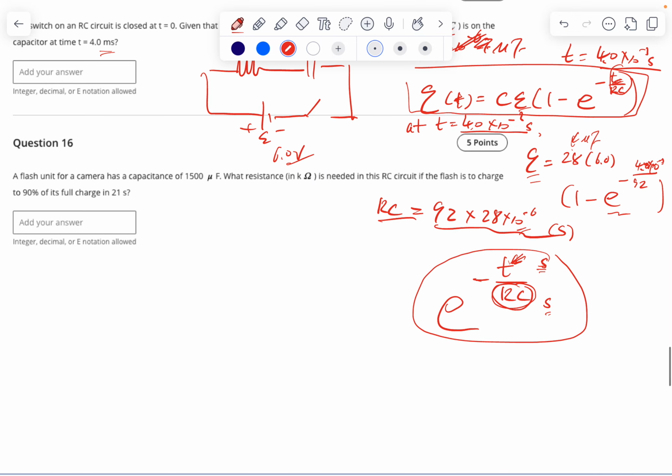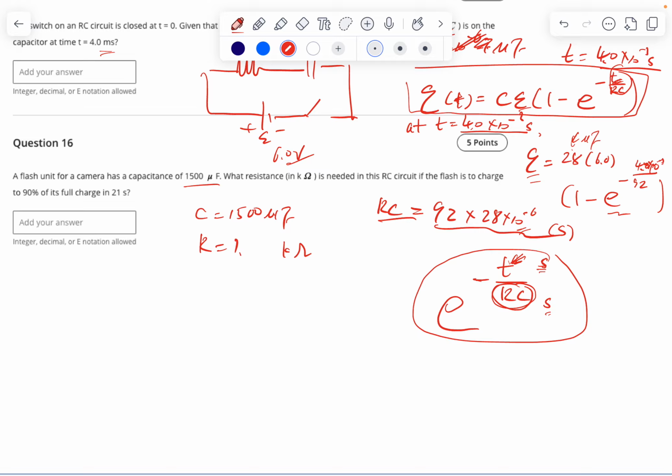All right. Number 16, a flash unit for a camera has a capacitance. What resistance in kilo ohm is needed in the RC circuit if the flash is to charge to 90% of its full charge in 21 seconds?